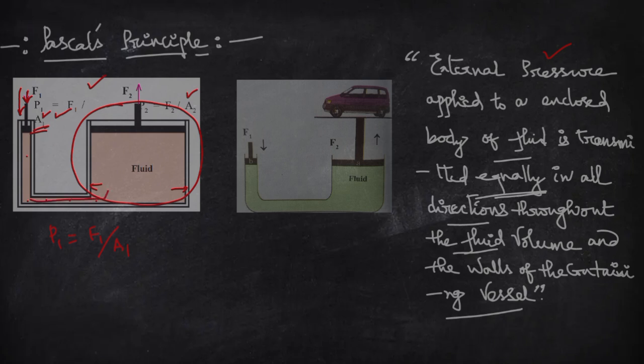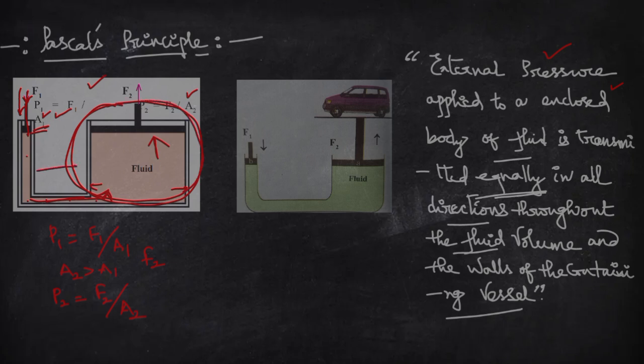When this pressure is transmitted here, as A2 is greater than A1, there is an upward force here, which is F2, then the pressure in the chamber P2 will be F2/A2. But the statement tells us that the applied pressure is equally distributed, so the applied pressure is also distributed here.